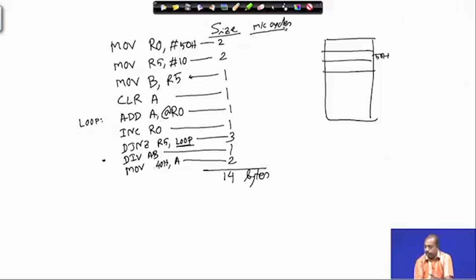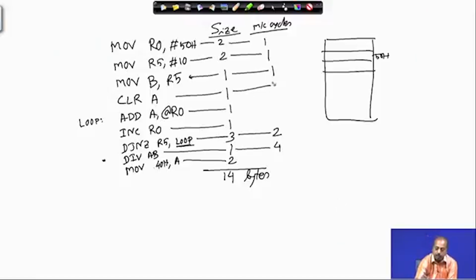The first instruction takes 1 machine cycle. This will also take 1 machine cycle, and this also 1 machine cycle. This DAB takes 4 machine cycles, and this DJNZ requires 2 machine cycles. Apart from that, if you look into the manual of 8051, you will find that all others take only 1 machine cycle.